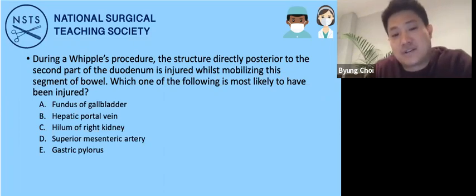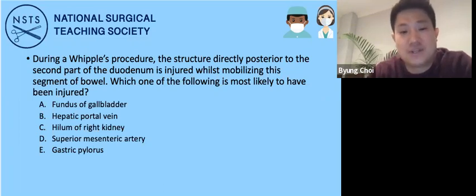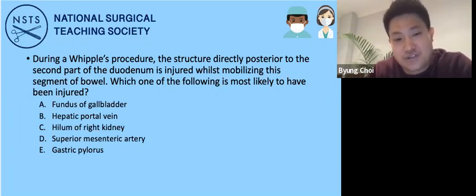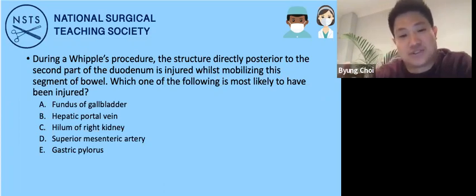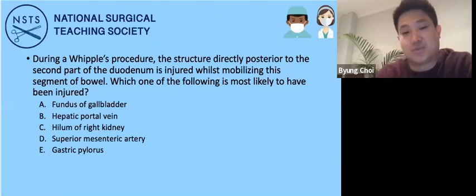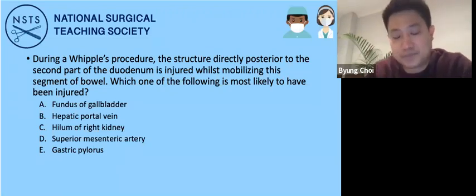Again, if you try to visualize where the gallbladder sits in relation to D2, you would know that it's a little bit more lateral to D2. So you could probably rule that out, and the gallbladder doesn't sit behind the duodenum. It's more lateral. And so that essentially leaves you with the portal vein and the hilum of the right kidney.